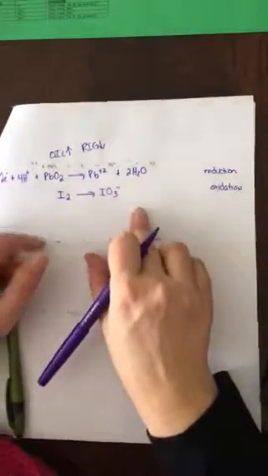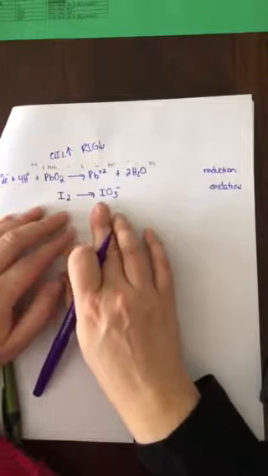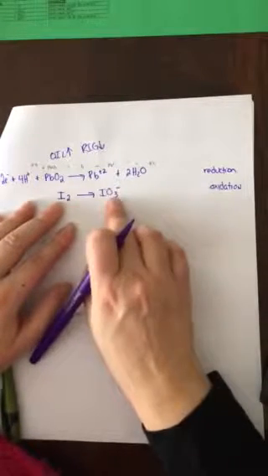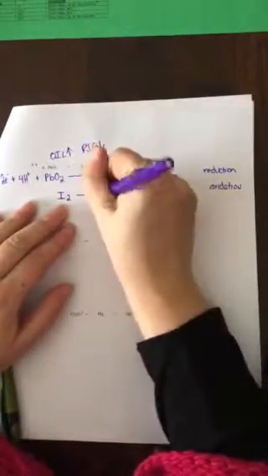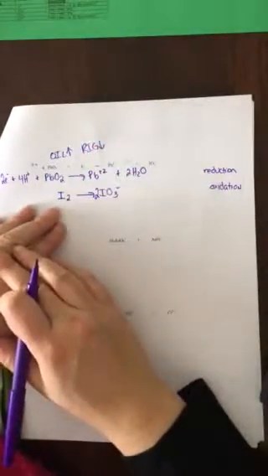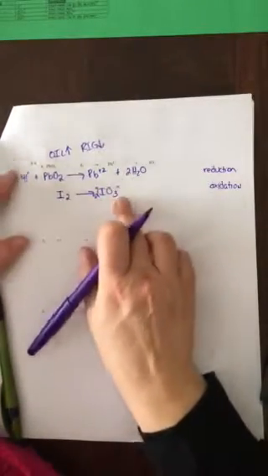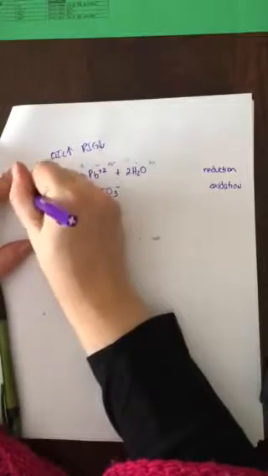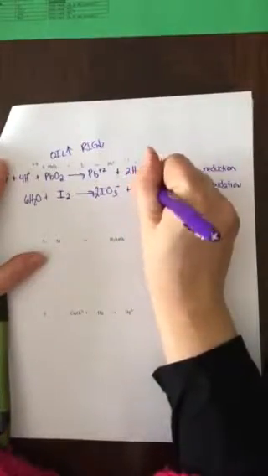We'll do the same process we did. We're just going to follow it. So the first thing is I have to see, are my I's balanced? And I say no. So I'm going to put a 2 there. Now my I's are balanced. We're cool. Now I got to figure out water. 2 times 3 is 6, so I need 6 H2O. That's a lot. So now I have to balance the hydrogens I added, so it was 12 hydrogens.